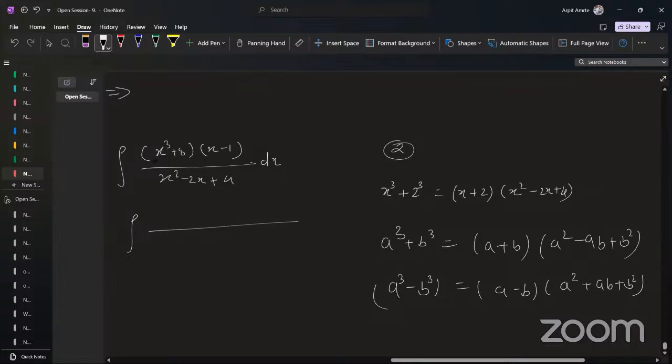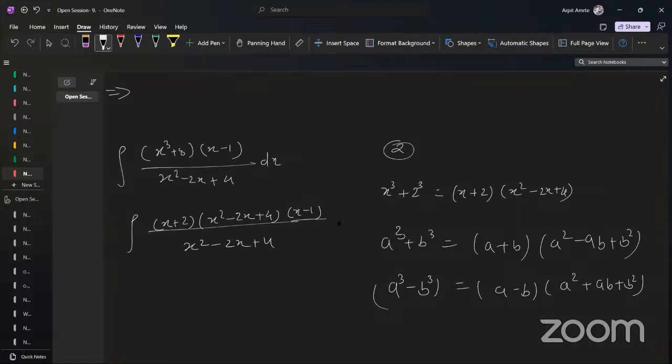So what will it be? It will be x cube upon 3 plus x square upon 2 minus 2x plus c. Sorry. x square minus 2x. Then x minus 1, then x square minus 2x plus 4, dx.